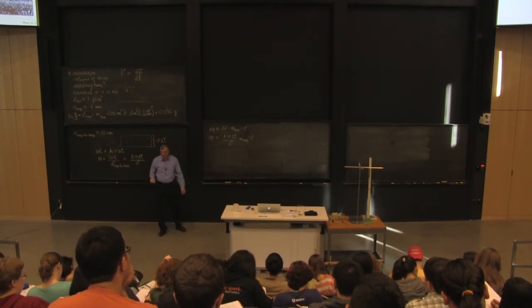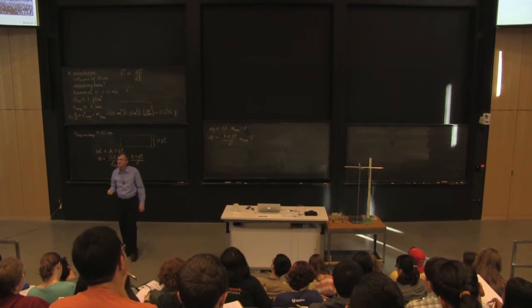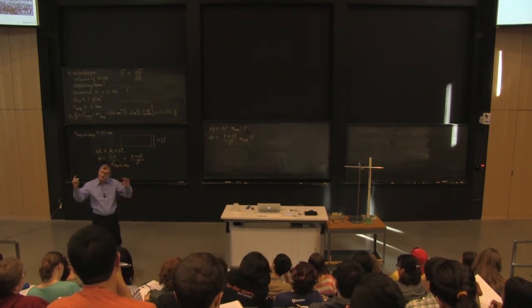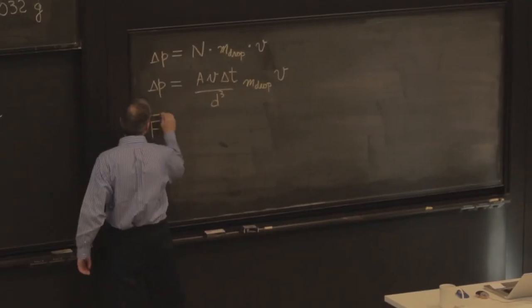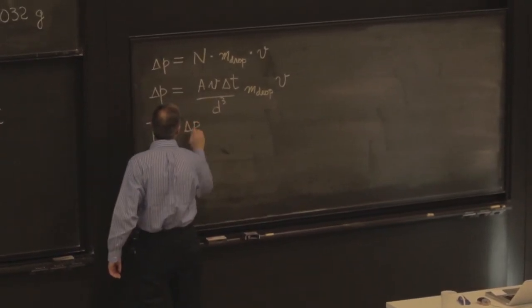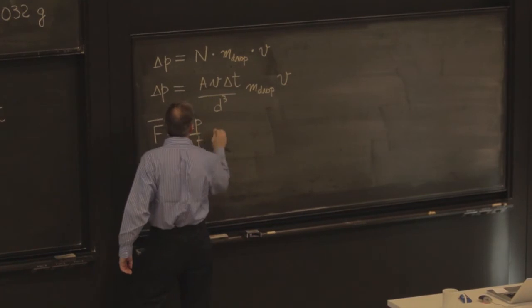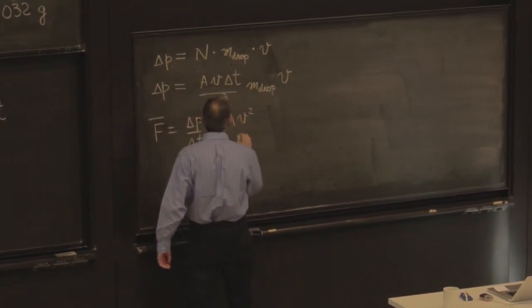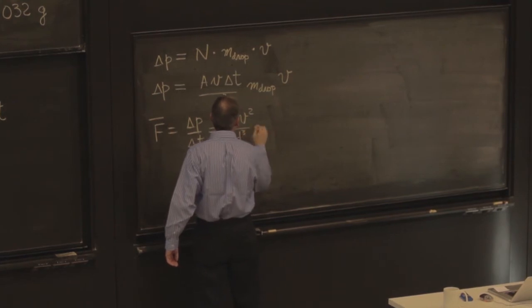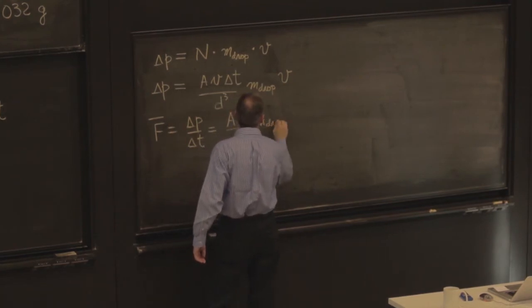So what about the average force? Yeah, divide both sides by delta t. The average force will be delta p over delta t. So that's A v squared over d cubed times m drop.